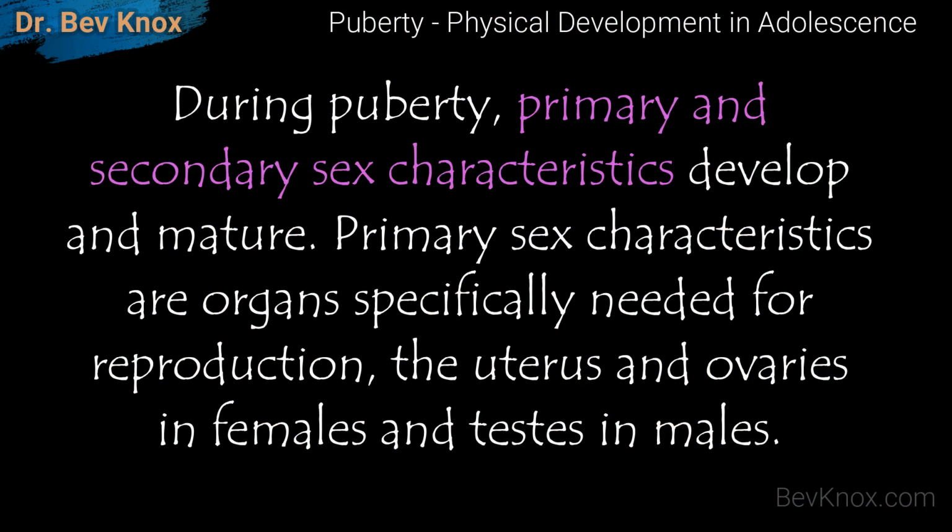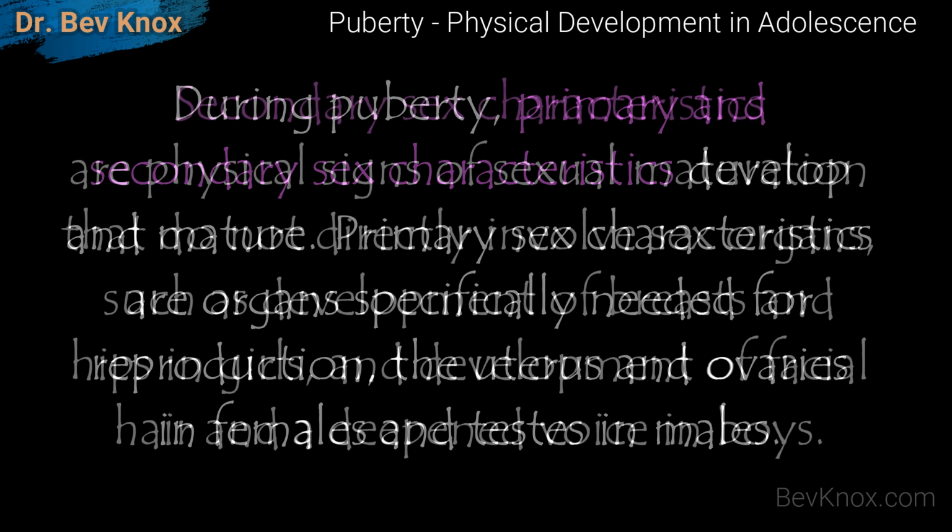Now, during puberty, primary and secondary sex characteristics develop and mature. Primary sex characteristics are organs specifically needed for reproduction, like the uterus and ovaries in females and testes in males.